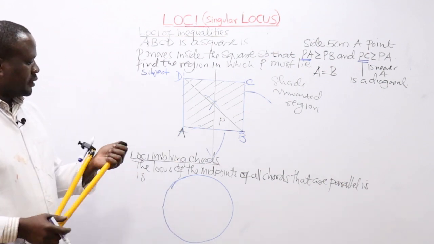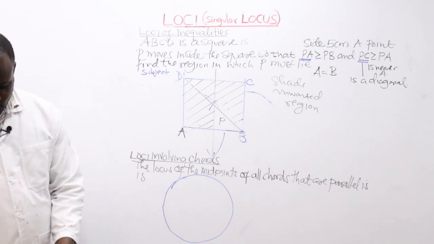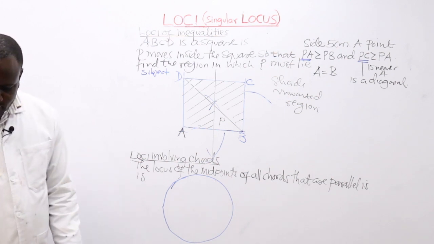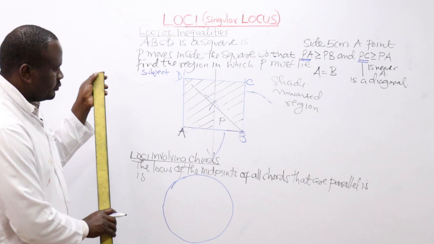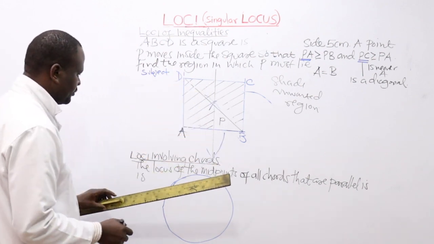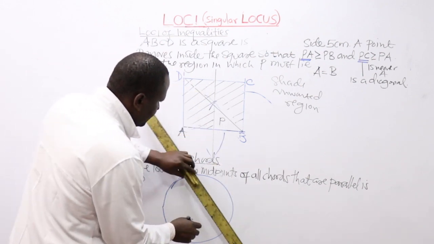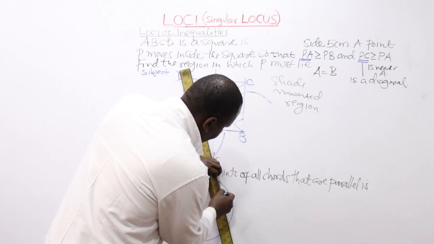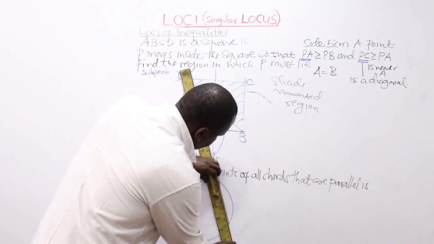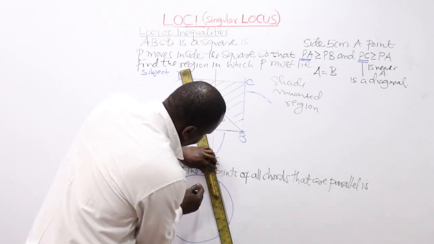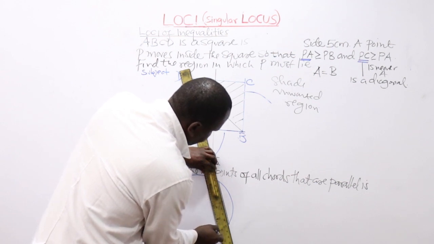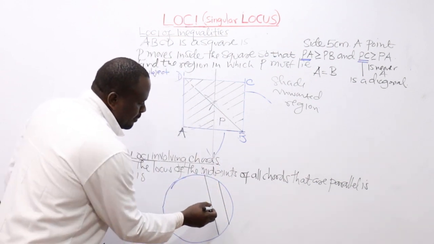Now, suppose we have parallel chords. We have a chord here that is parallel to this. These chords are parallel.